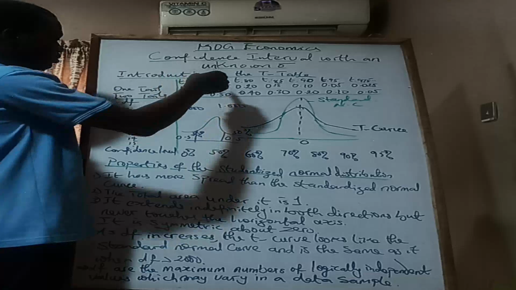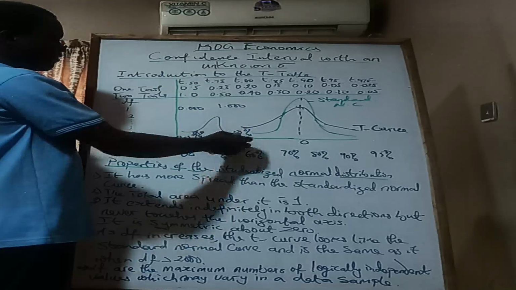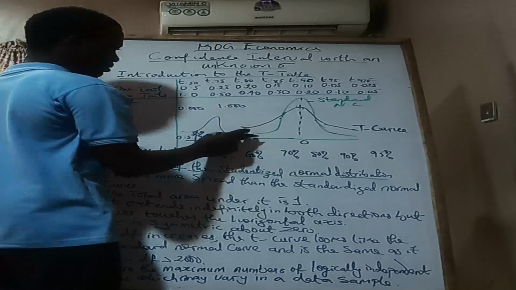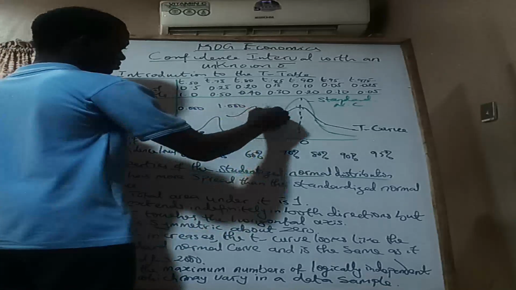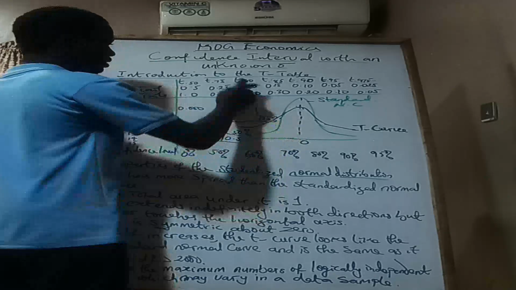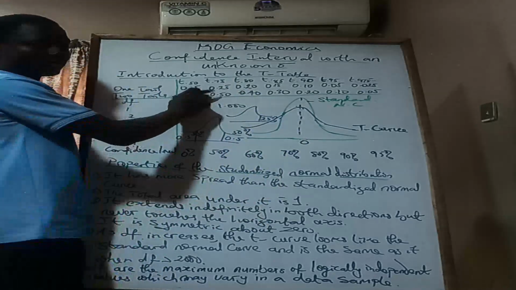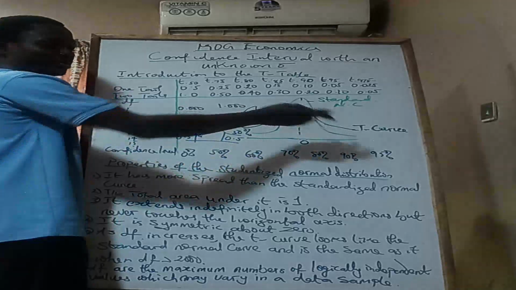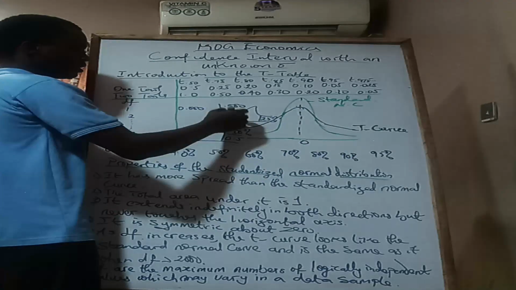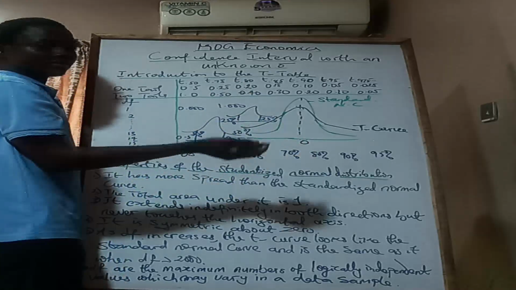Then for one tail, you have 0.25, which is 25%. Of course, 25% times 2 will give you this 50%. So one tail is 25%. Then if you bring in the two tails, it's also 25%. 25% plus 25%, that's 50%.